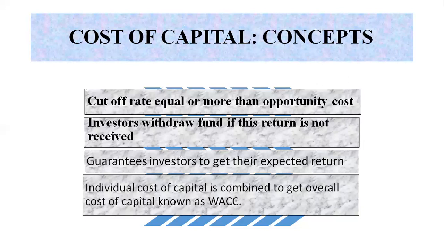So, the company has to guarantee that it will be able to give a minimum return which they can earn from the best possible alternative opportunities. It can be higher than that, but it cannot be lower than that for the safety of the company.